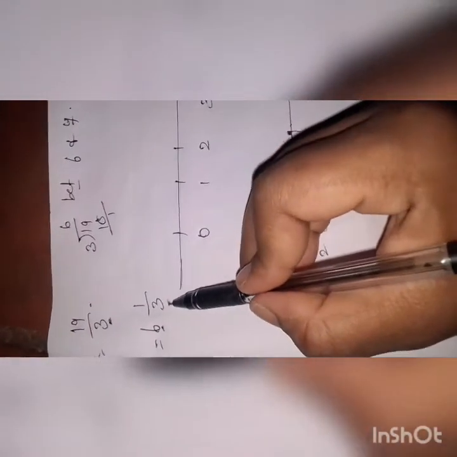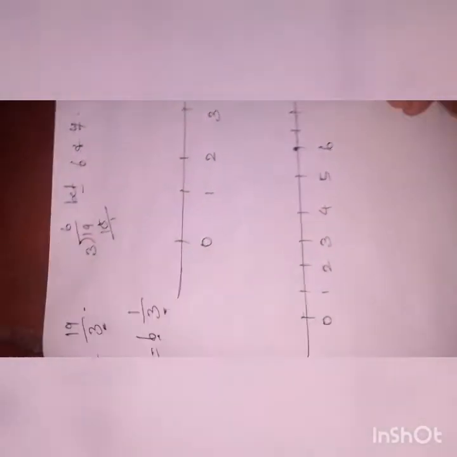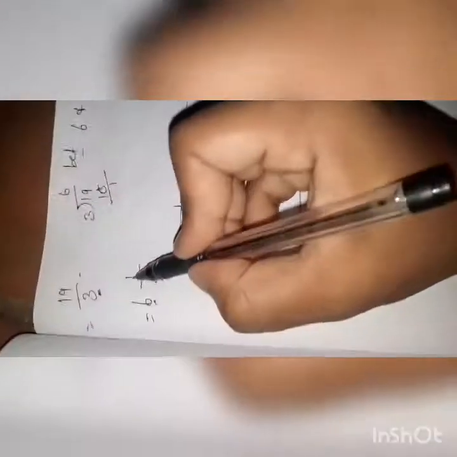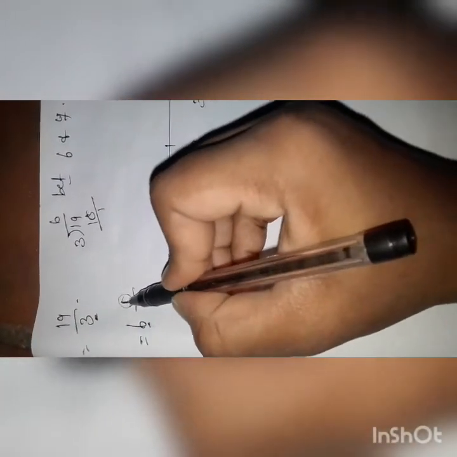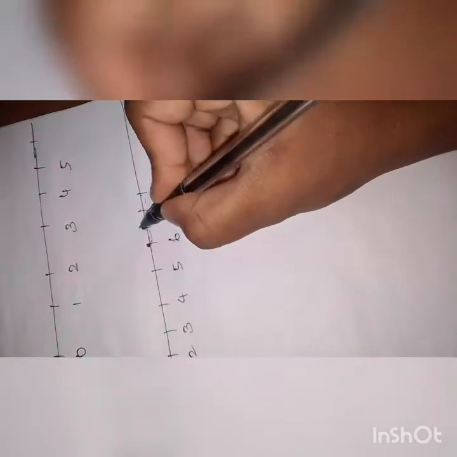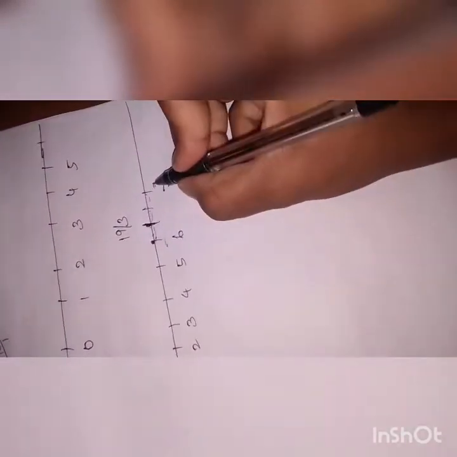How many partitions do we want to divide into? 3 partitions. 1, 2 and 3, because in your denominator there is 3. So I am going to divide this into 3 partitions. And what they are asking us to mention is your first partition, that is 1. So from 6, this is your 1. So what is your answer? 19 by 3. Is this between 6 and 7? Yes.